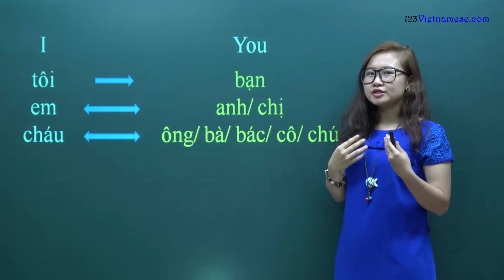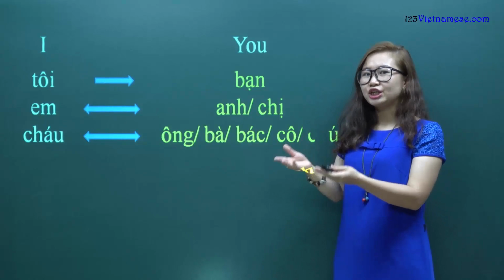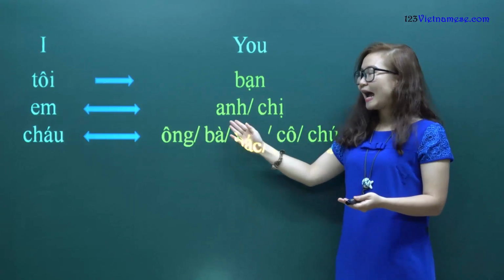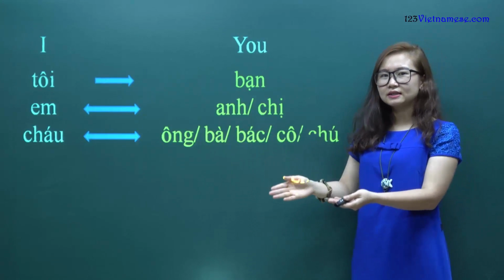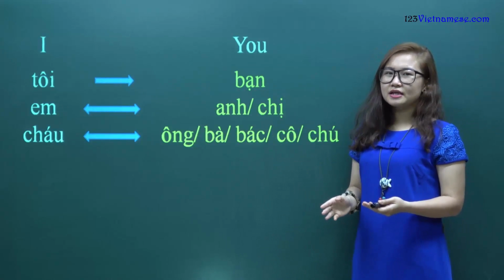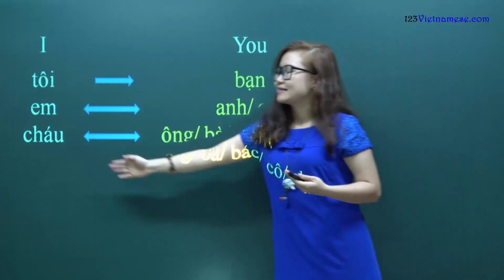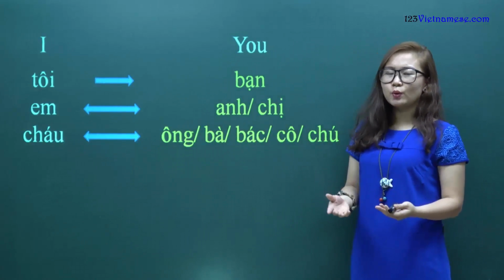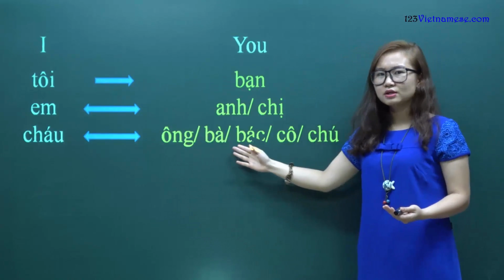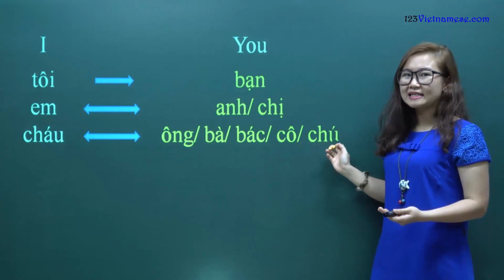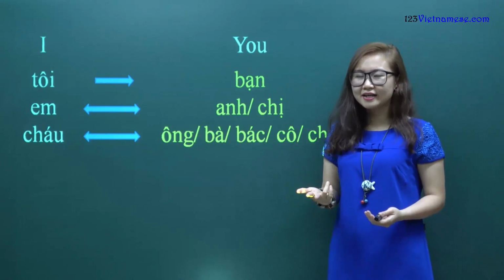And you have to call yourself em when you are talking to the person who is a little bit older than you, and you call that person anh if that person is a man, and chị if that person is a woman. And you have to call yourself cháu in case you are talking to the person who is the same age as your grandparents or your uncle or your aunt. Cháu means niece or nephew or grandchild.